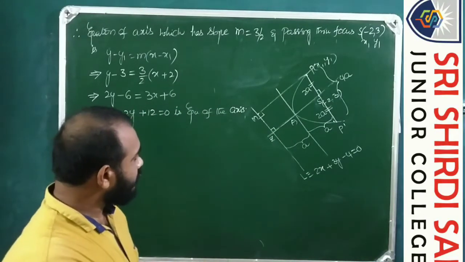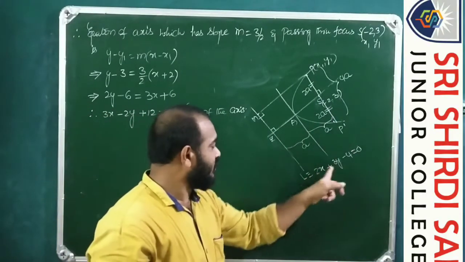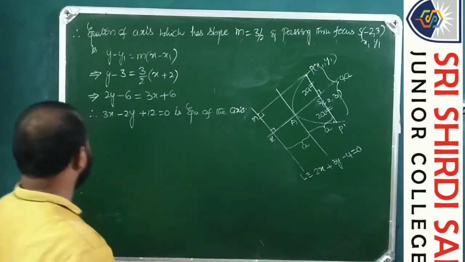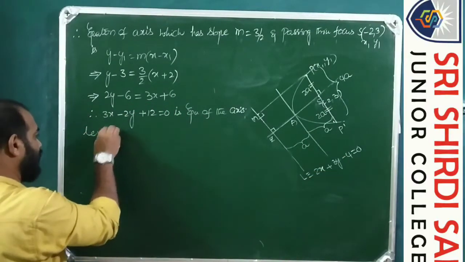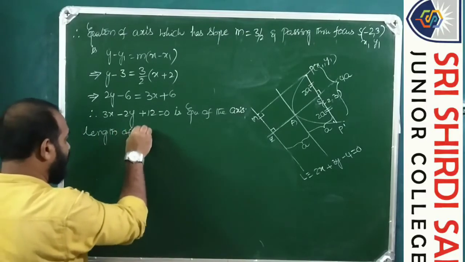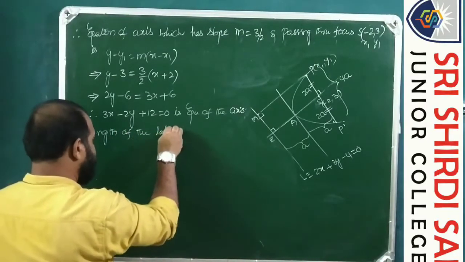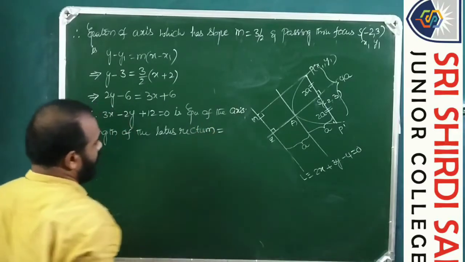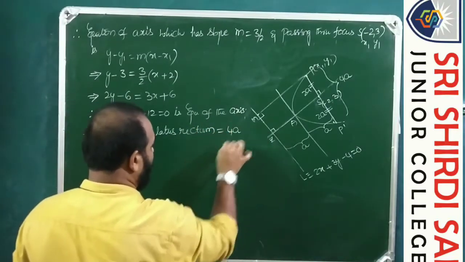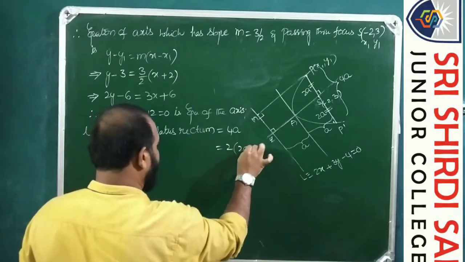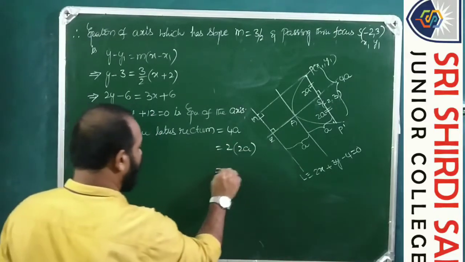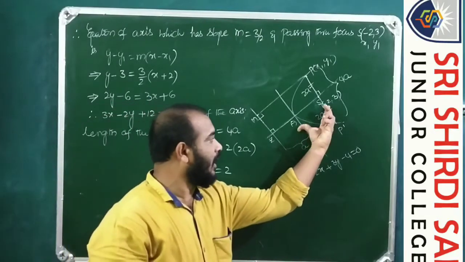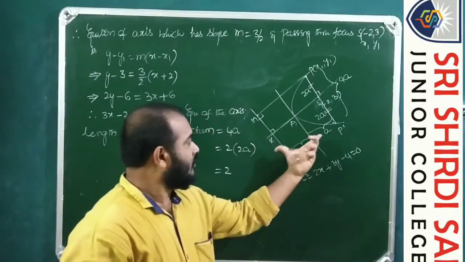Now, therefore, the length of the latus rectum is equal to 4a. 4a can be written as 2 into 2a. So 2 into, what is 2a? 2a is this a plus a. So this is 2a.